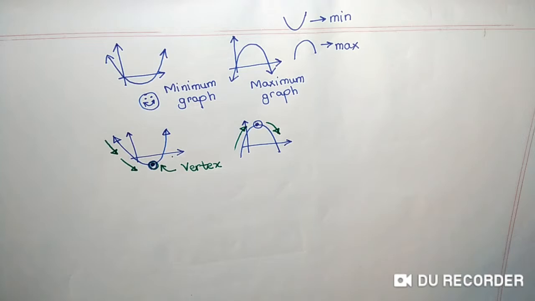Now let us come to the next important term, the y-intercept. You know already, if you have learned x-intercept and y-intercept in graphs, suppose I have a line like this and the line moves like this. Whenever the line cuts the y-axis, we call it the y-intercept.